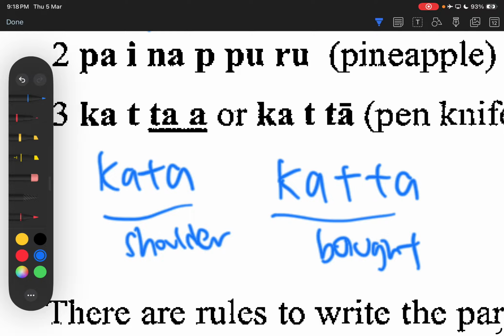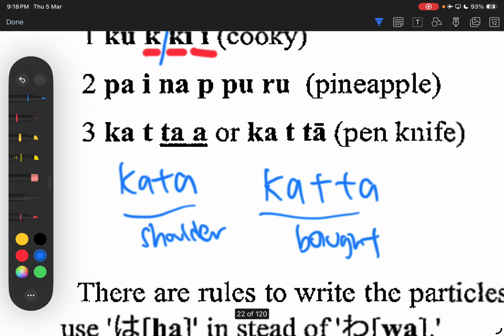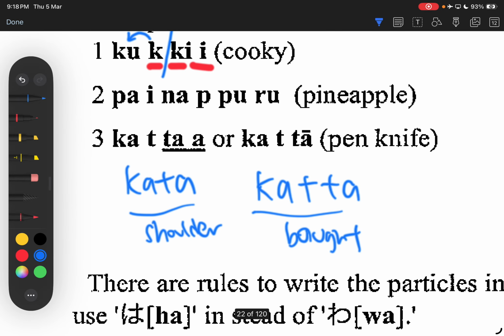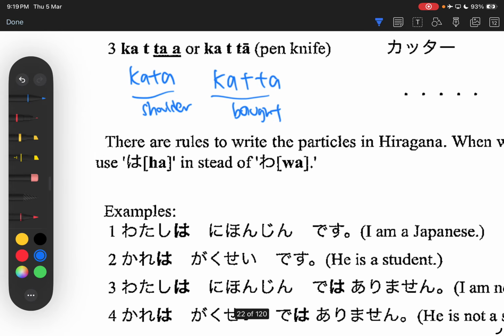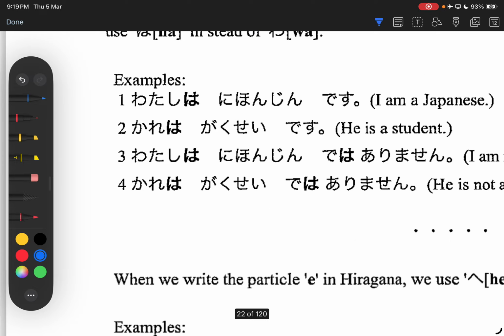Kata, katta. You can hear the difference. So if you are looking for a pen knife, please don't look for a shoulder. Please be careful. Double consonant sound and long vowel sound are all very obvious when you pronounce them. Accidentally you can say the wrong things, so you can offend somebody very accidentally also. Like obasan and obaasan.